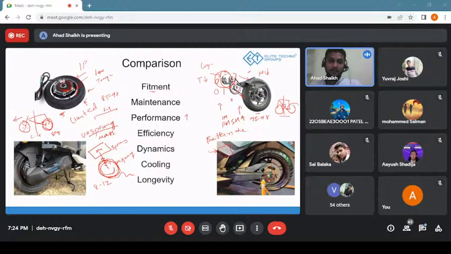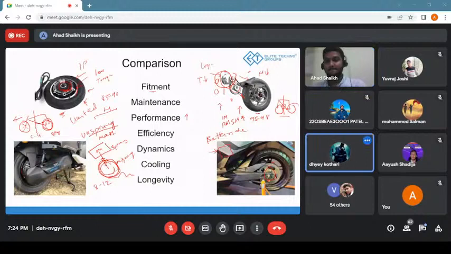So these many aspects we can see, and there could be more things. If you guys know, we can discuss which type of drive mechanism would be suitable. Sir, yes.